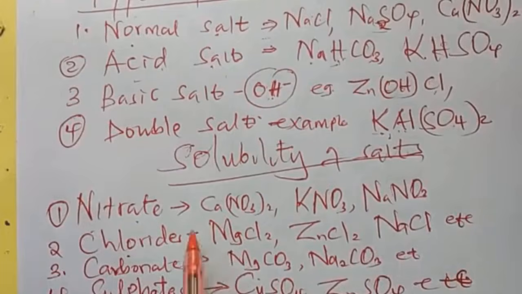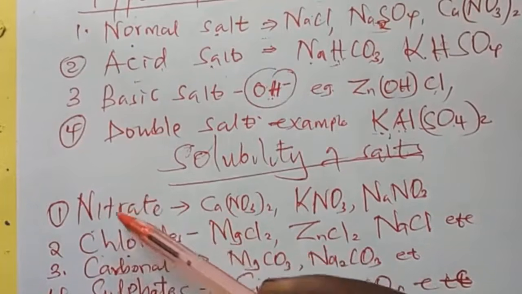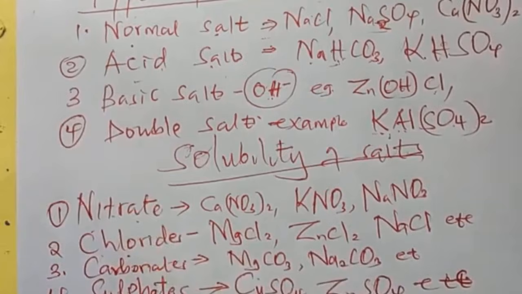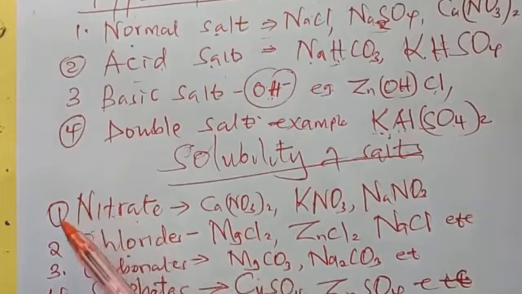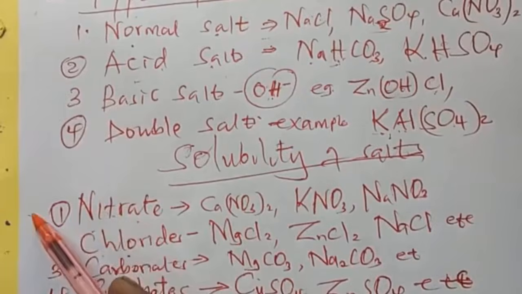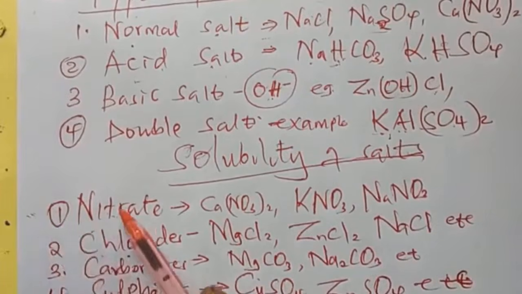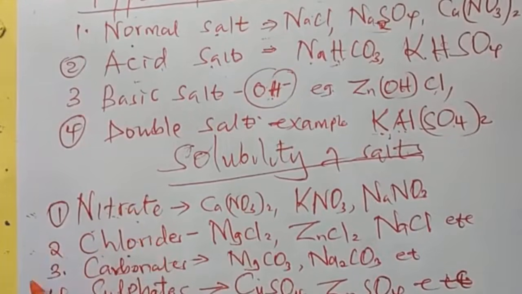So we now know that we have four different types of salts: nitrates, chlorides, carbonates, and sulfates. For you to mention a nitrate, you put the metal in front: magnesium nitrate, calcium nitrate, potassium nitrate, sodium chloride, zinc chloride, like that, sodium carbonate, etc.